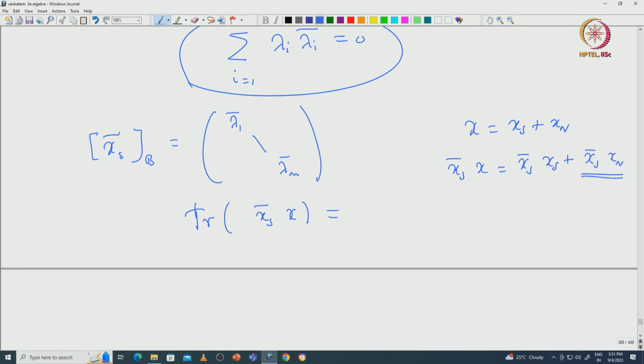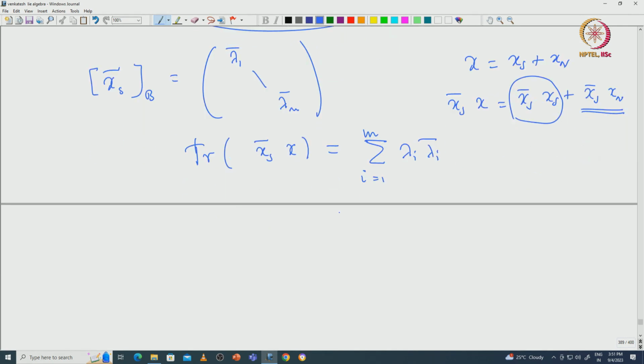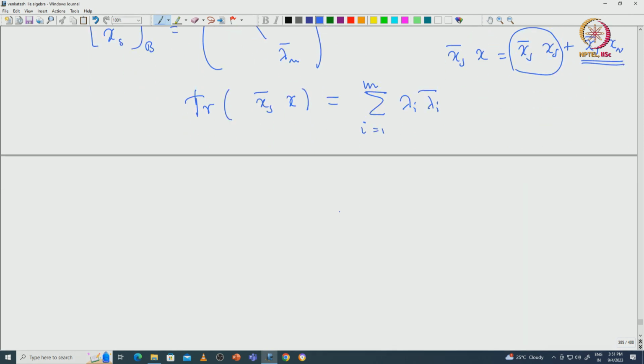This is a strictly upper triangular matrix, and this is a diagonal matrix. You can see that the trace of xs bar times x is nothing but the summation of lambda i bar, where i ranges from 1 to m. So, in order to prove that the summation of lambda i bar is 0, it is enough to prove the trace of xs bar times x is 0.